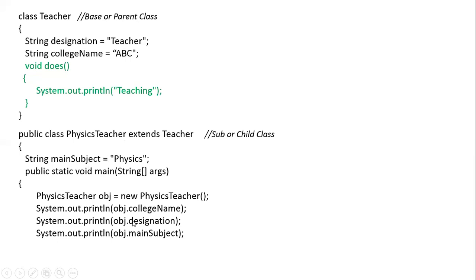And now we will call the method of the parent class. The base class method also we are calling using the object of this child class. When we execute this program, this is going to be the output. So this is how we can write a program which uses the concept of inheritance, or which extends a base class.